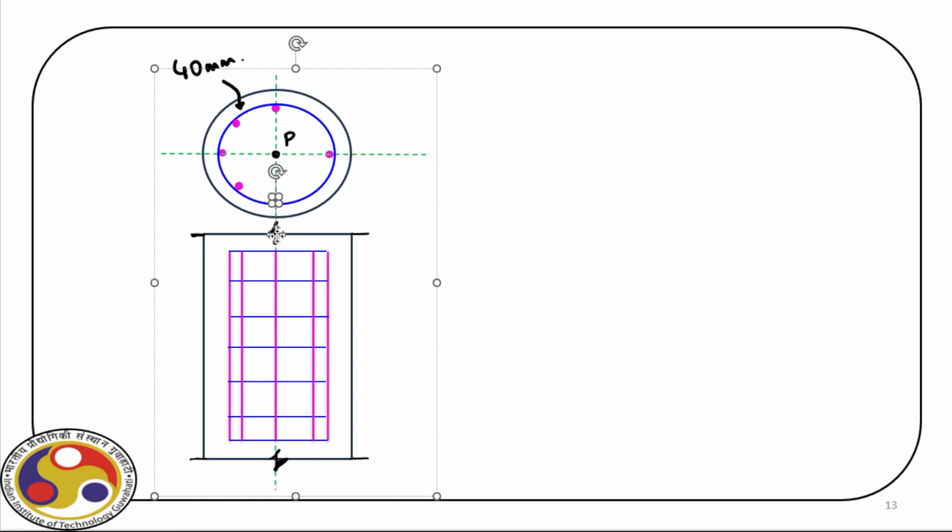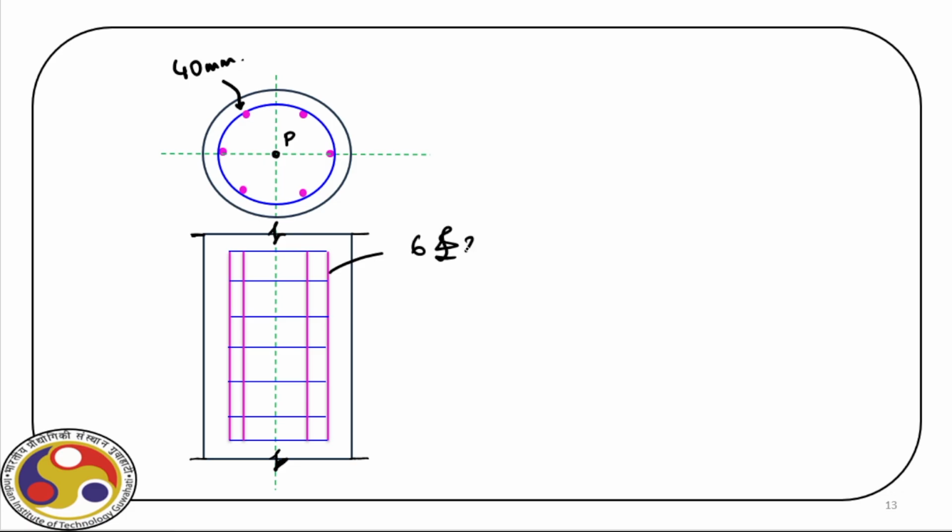And then so we have 6 numbers, phi 20, and then the lateral ties we have phi 6 at the rate 300 center to center.